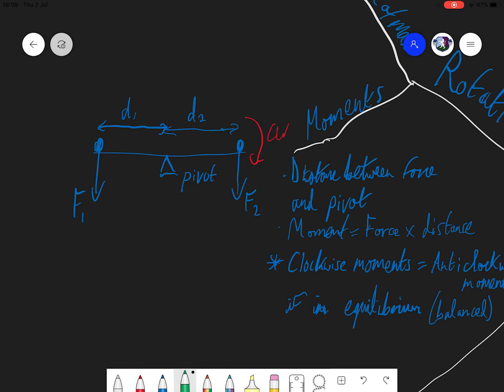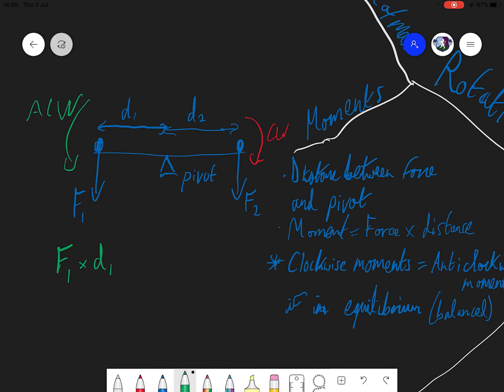But anything turning it clockwise will cause it to rotate this way, and anti-clockwise this way. And I always like to label it just to make it clear, and that then lets me piece them together. So in this case, if we know it's balanced, then we know that everything causing it to rotate clockwise is going to equal the anti-clockwise.